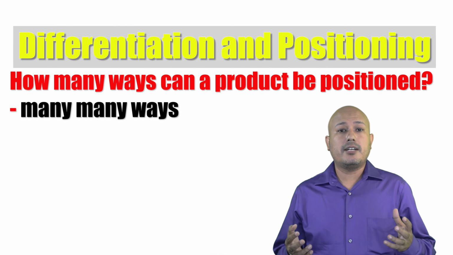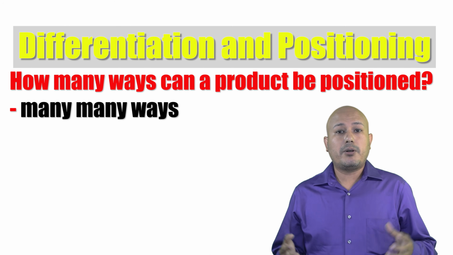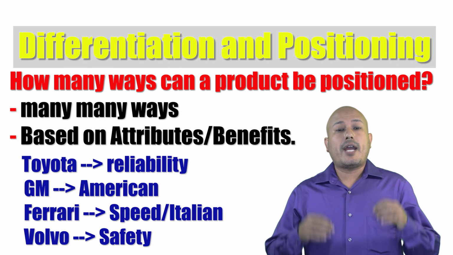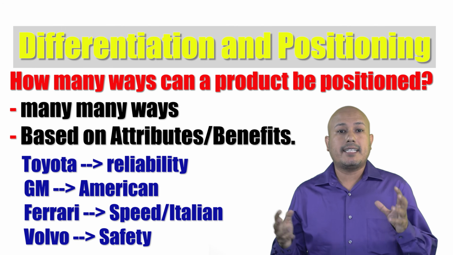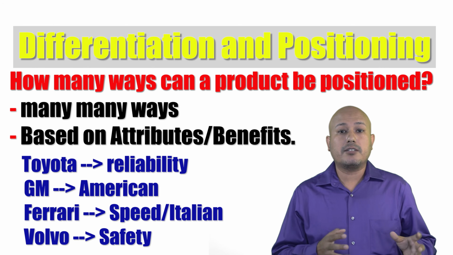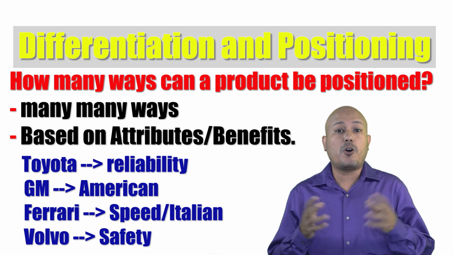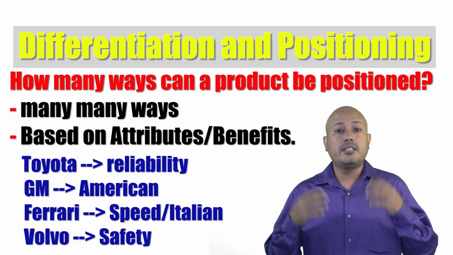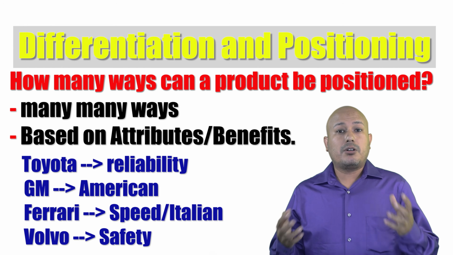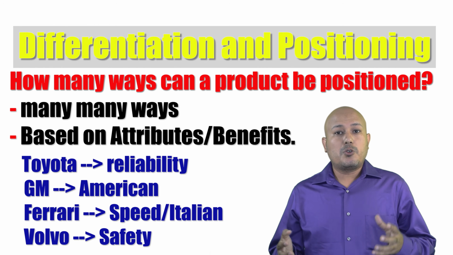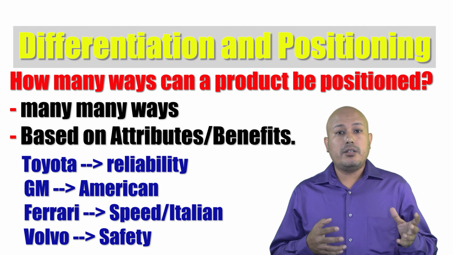The first one of them is positioning based upon product attributes. Any attribute that a consumer thinks is important can be used to differentiate your product from your competitor's product so that you occupy different positions in the consumer's mind. Thinking about automobiles, as we saw in our previous example, Toyota occupies a position of reliability.